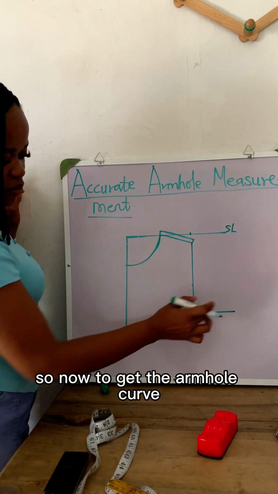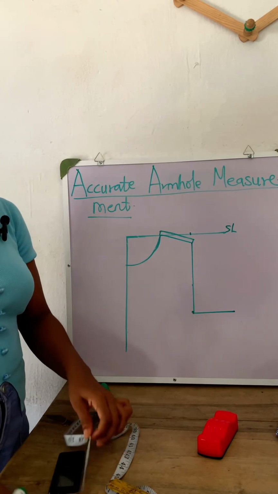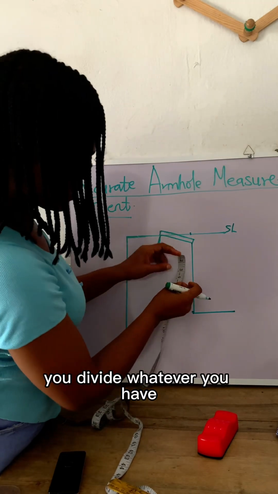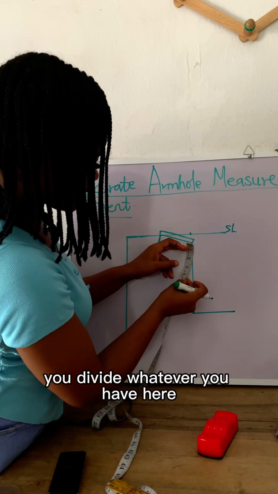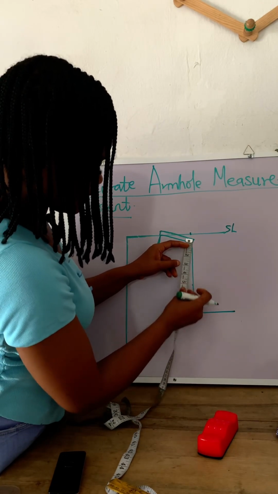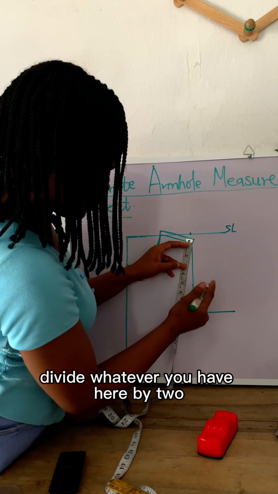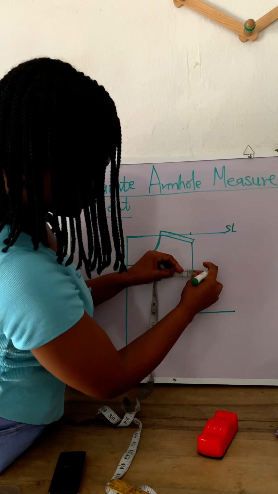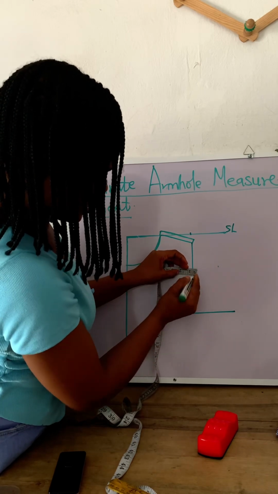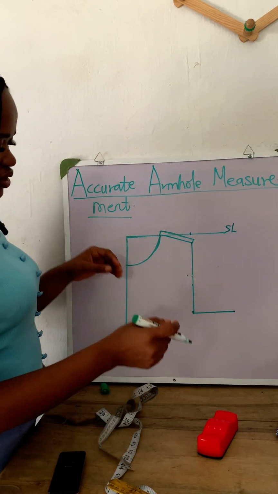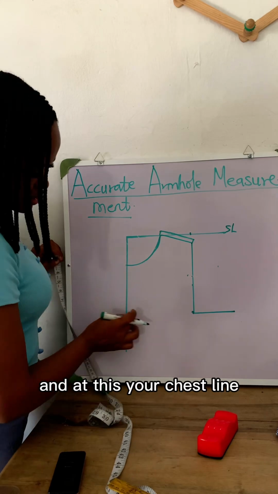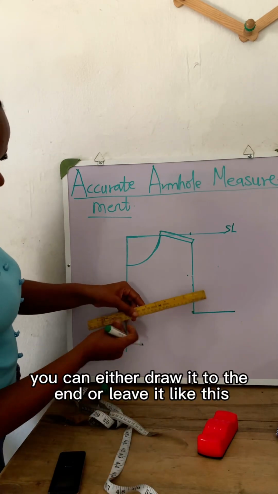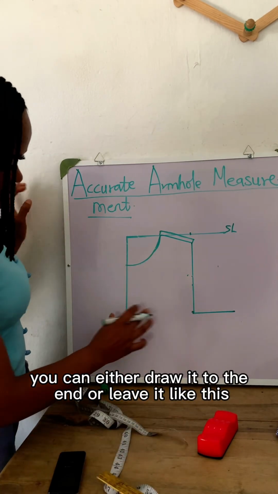So now to get the armhole curve, you divide whatever you have here by 2. Go in here at this point by ½ inch. Then at this your chest line, you can either draw it to the end or you do it like this.